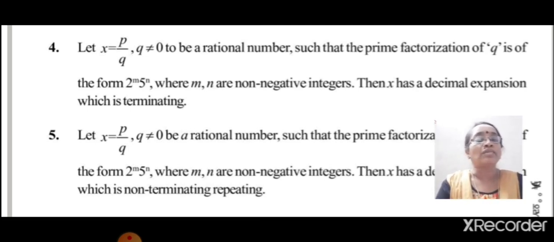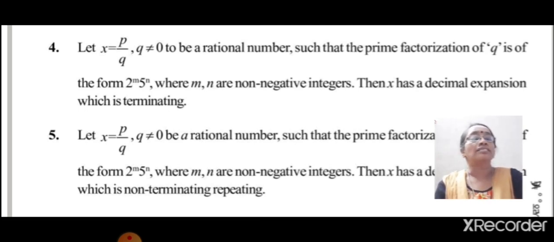So if you are able to write q, the denominator of the given rational number, in the form 2 raised to m, 5 raised to n, then x has a decimal expansion which is terminating. This is theorem number 1.5. Theorem number 1.6 is the converse of 1.5. Then you can read from the text.